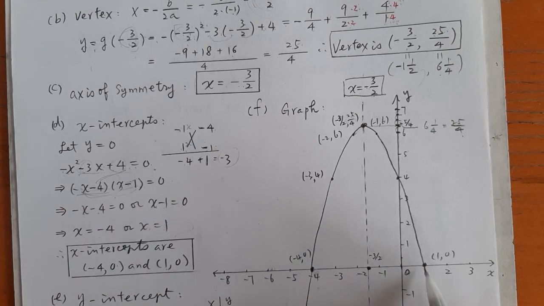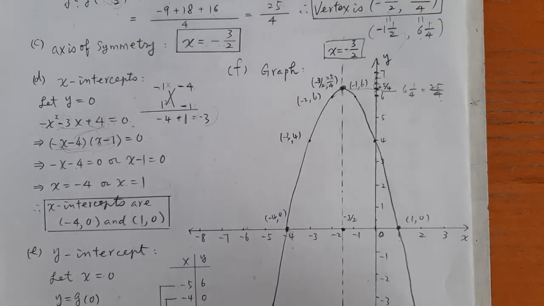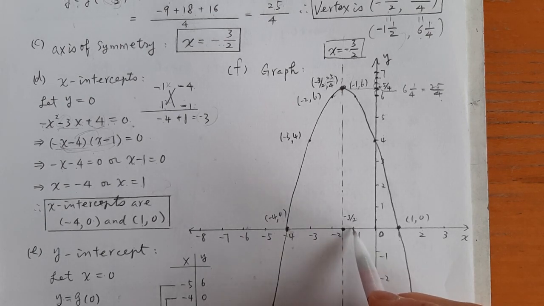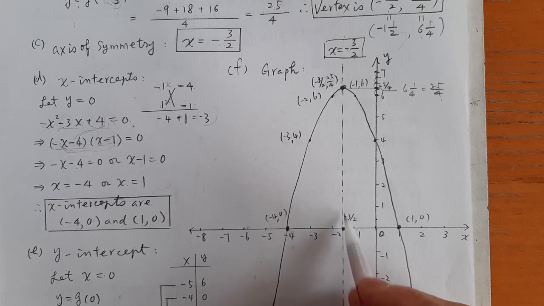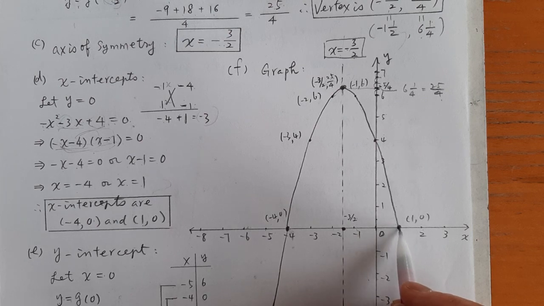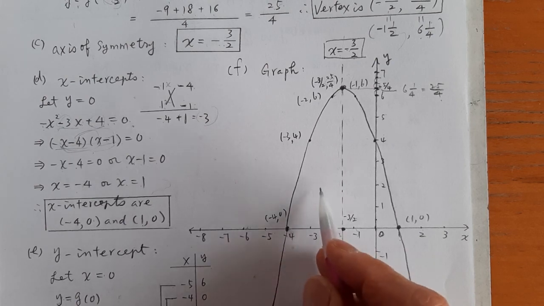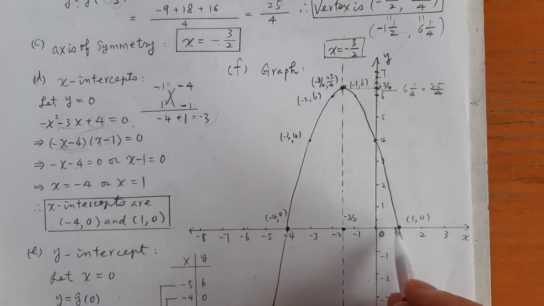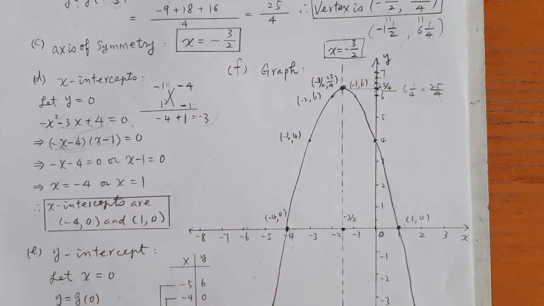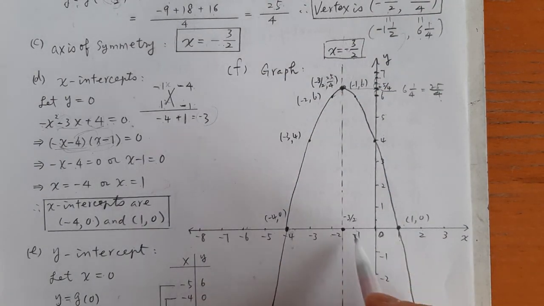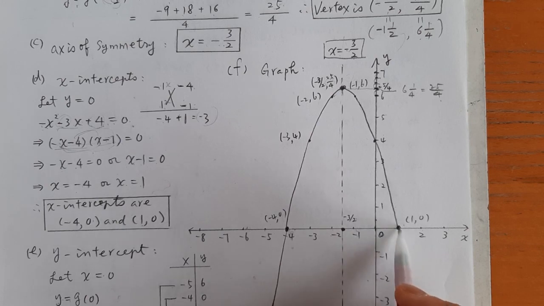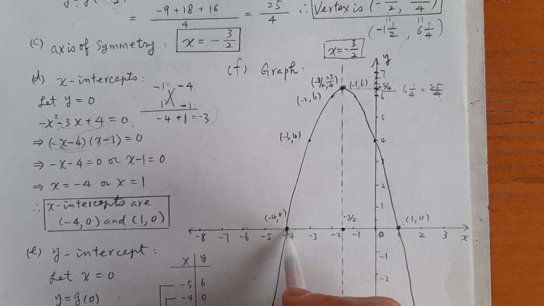You can see from the axis of symmetry, half a unit, 1 unit, 1 unit, total 2 and a half units to the right gives this x-intercept. And 2 and a half units to the left gives the other point. They are symmetric points.